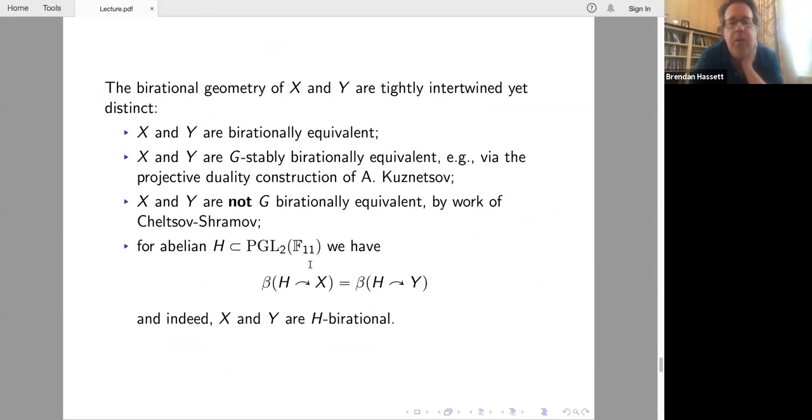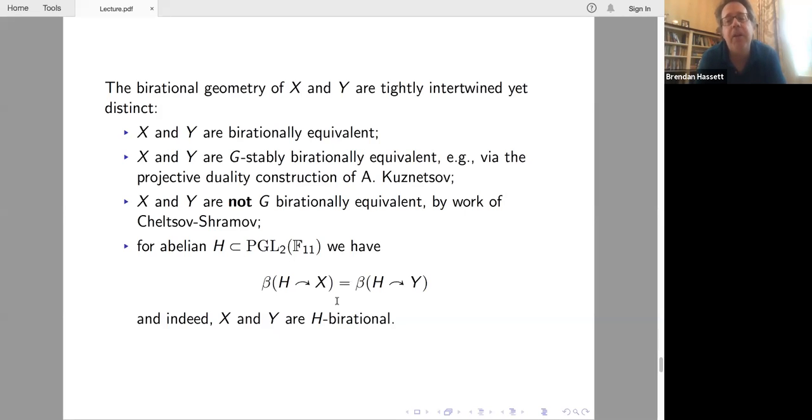And in retrospect, this is quite unsurprising, because for any abelian group, the representation theory that gives you the constructions of X and Y and their duality gives you a birational equivalence for any group whose irreducible representations are one-dimensional.